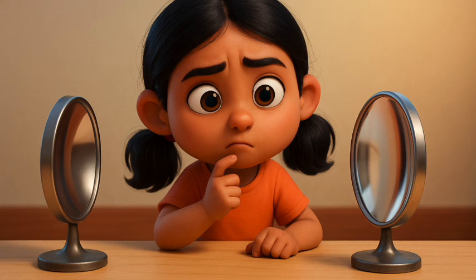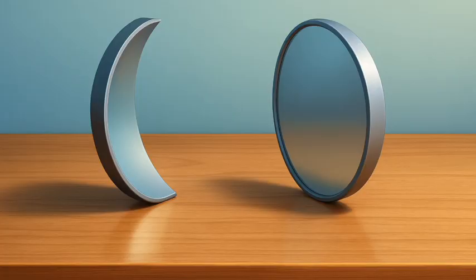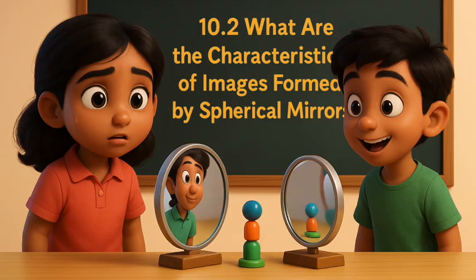How can we distinguish between concave and convex mirrors? Fig. 10.4. Identifying concave and convex mirrors from their side view. 10.2 What are the characteristics of images formed by spherical mirrors?